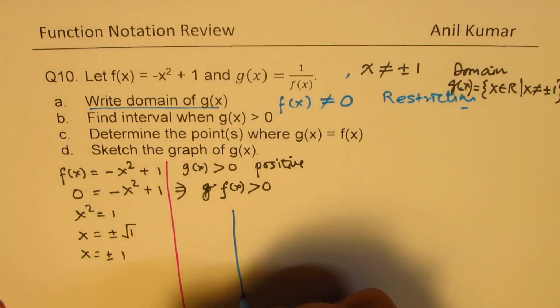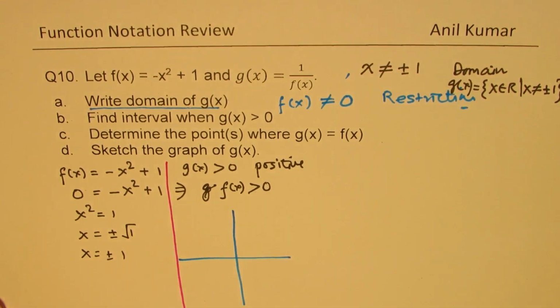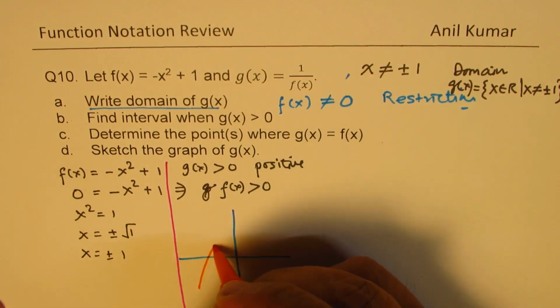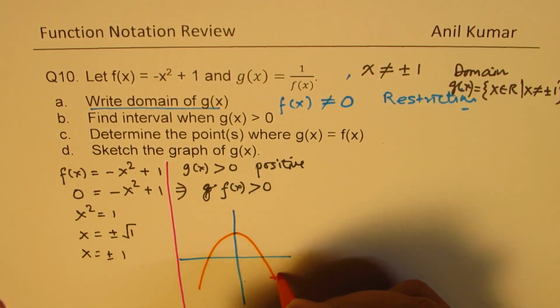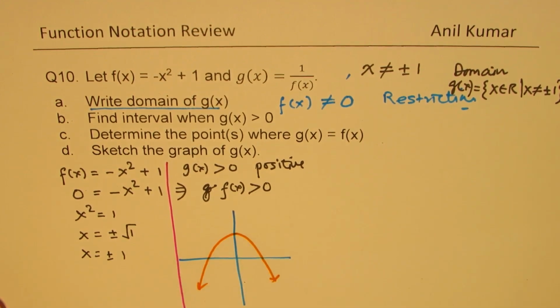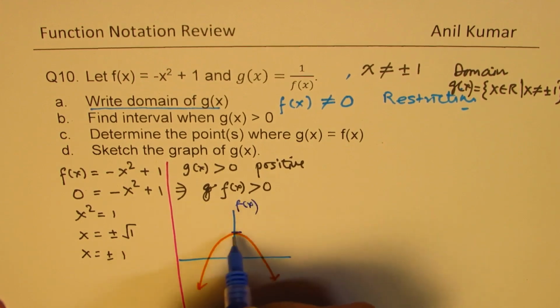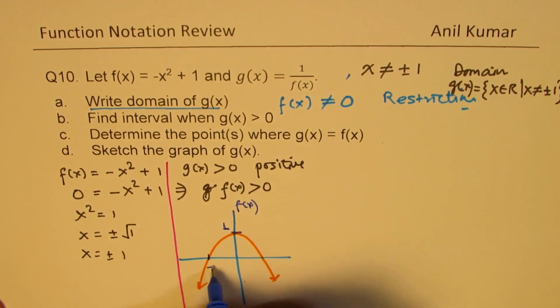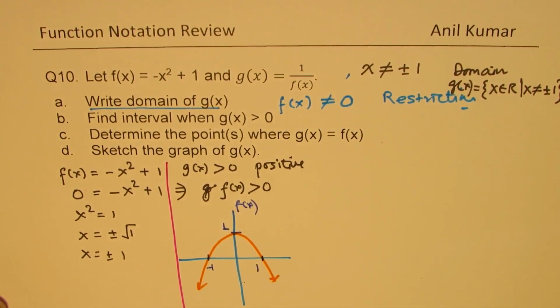So if I try to sketch this parabola, it will be like what? It will be a parabola opening downwards, correct? Clearly, when I substitute 0 for f of x, the value is 1. These values are minus 1 and plus 1, correct?